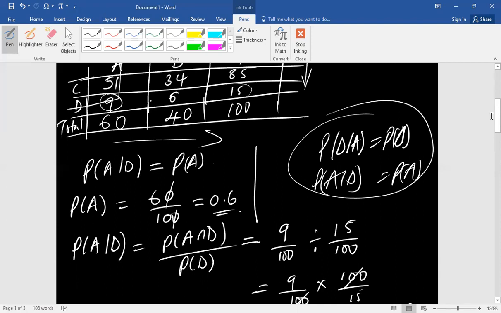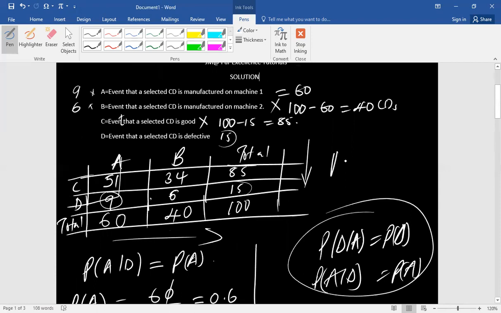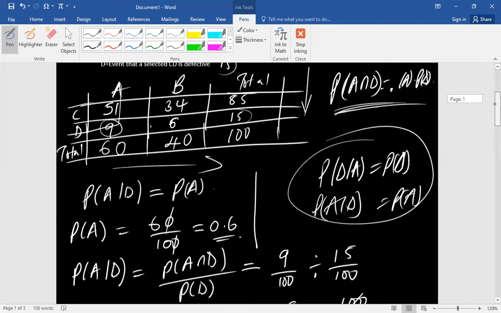In fact, another formula is to say that the probability of A intersection D is equal to the probability of A times the probability of D. So this is another way we can work out independent events. Let's try that way.